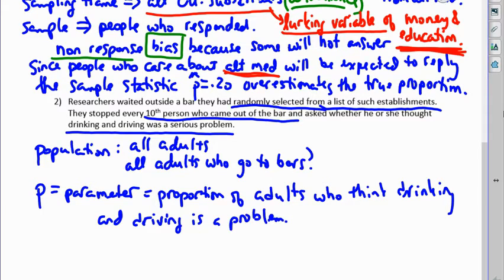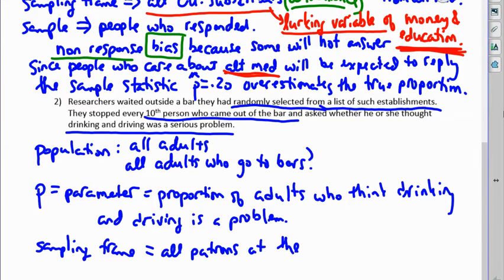So our frame is going to be the patrons at the randomly selected establishment. All patrons at the randomly selected establishment.